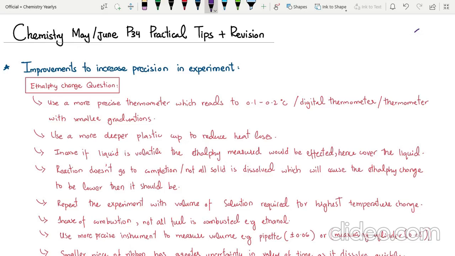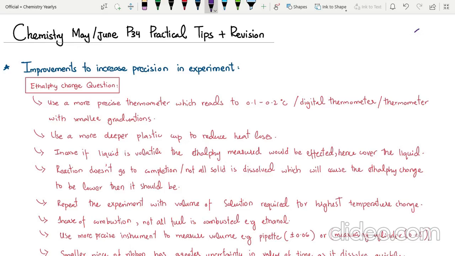Repeat the experiment with the volume of solution required for the highest temperature change. This point is very important, because sometimes they will first ask you to carry out the experiment, then they will tell you to make a graph, and then they will also ask you to extrapolate that graph, so you can show them what volume actually causes the most temperature change.